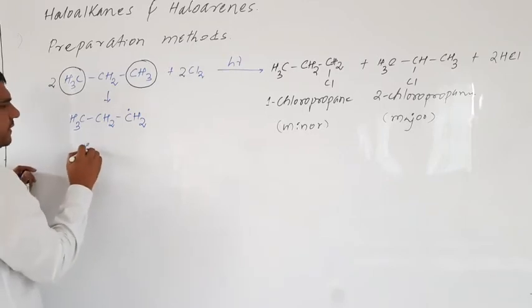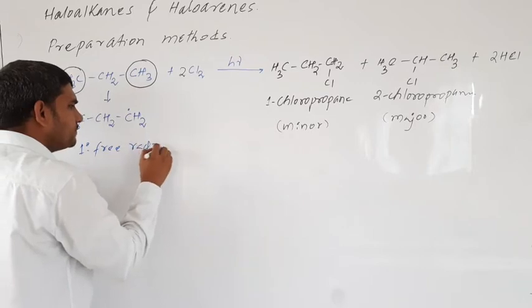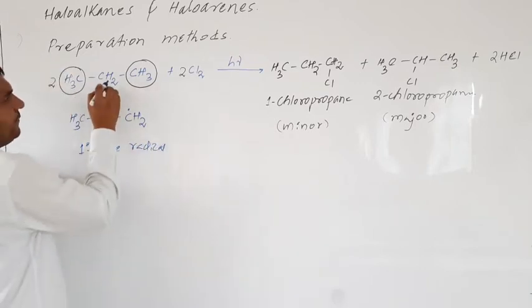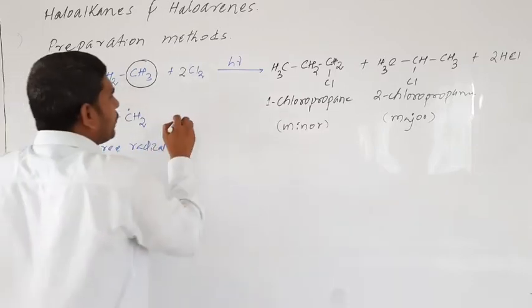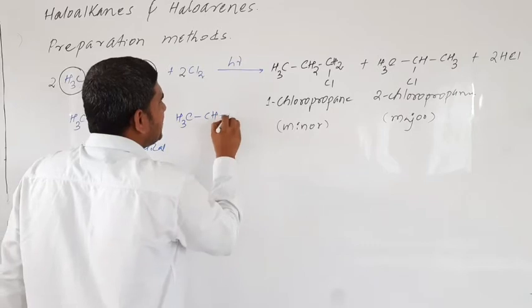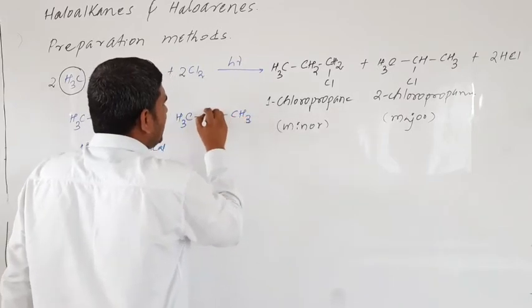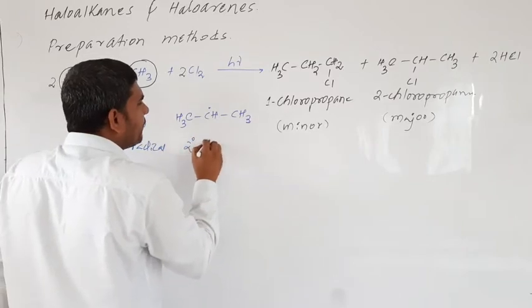Primary free radical. Am I right? This is a primary free radical. And if you homolyze this hydrogen, you get another free radical, CH3 CH dot CH3. If you observe, this is what? Secondary free radical.